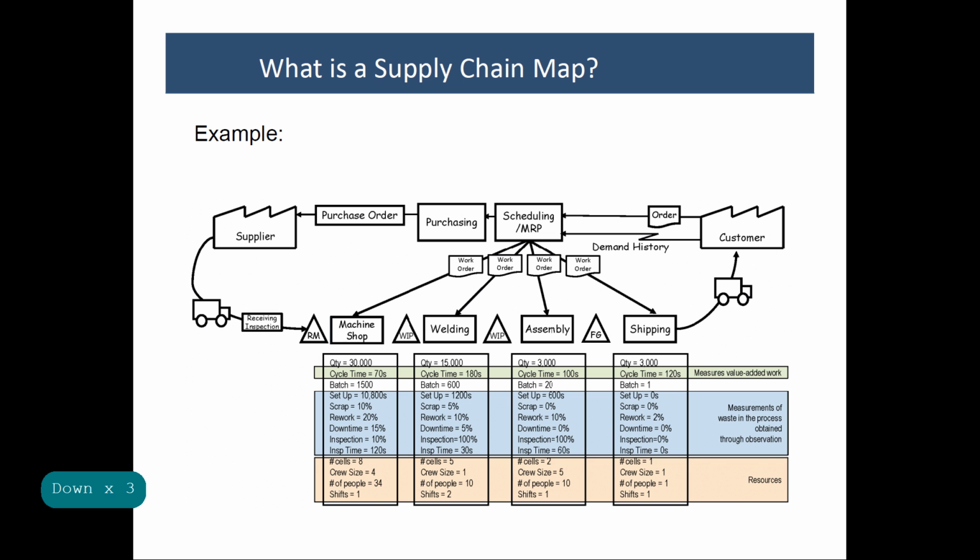So just shortly recapturing what we mean by a supply chain map. Here you see an example of one that starts at the customer and then goes down until the supplier. And just as a visual aid, I will draw this for you. So we start here at the customer and then we go along the supply chain upstream until the supplier.